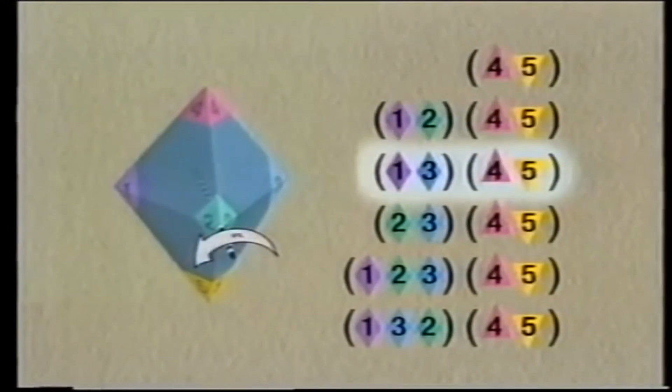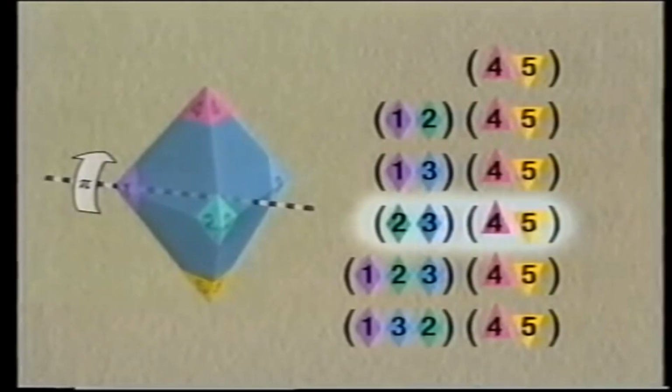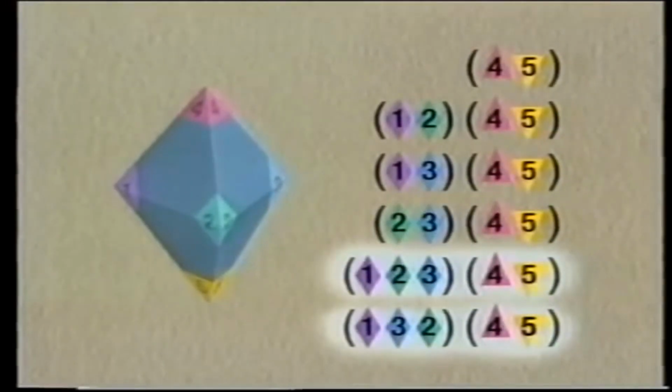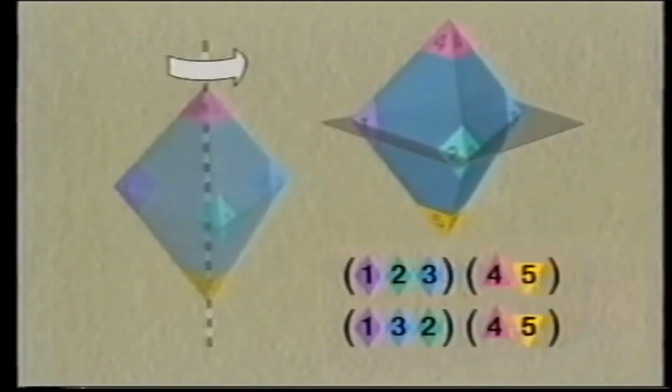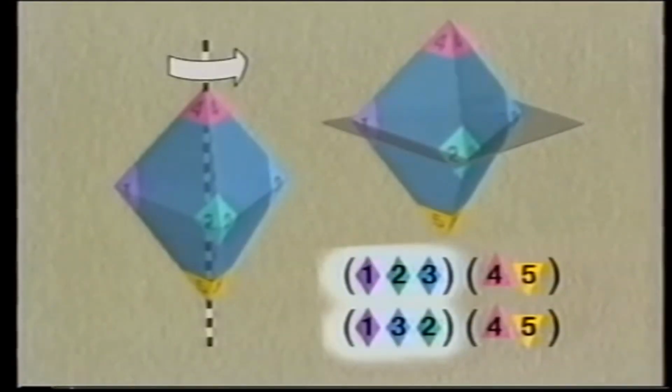Then we get rotation about a second horizontal axis, and about a third one. And finally, the last 2 are the indirect symmetries, which are not simple reflections. Each is the composition of this reflection with one of the 2 rotations about the vertical axis.